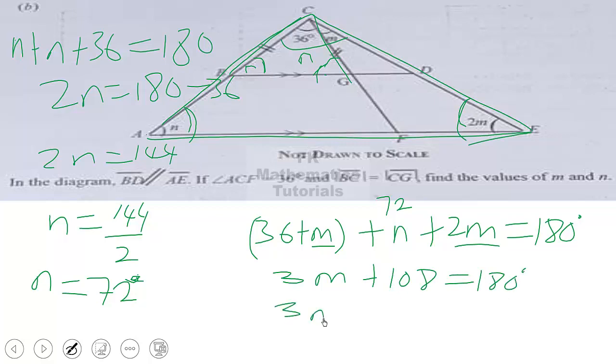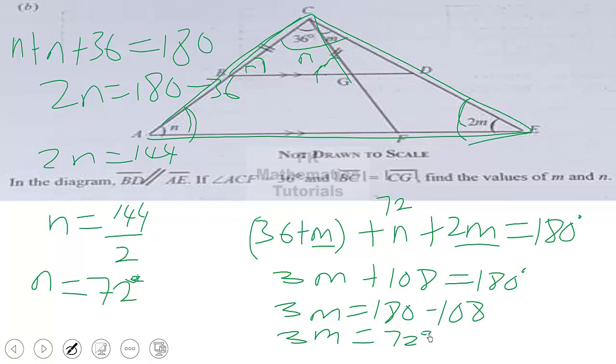So 3m will be equal to 180 minus 108, which is 72.